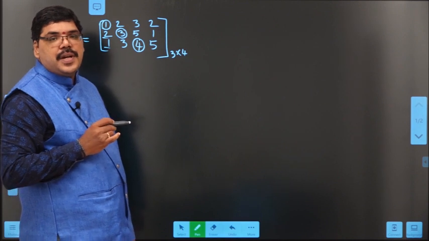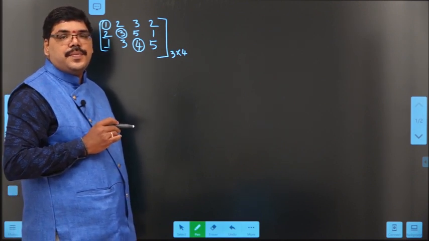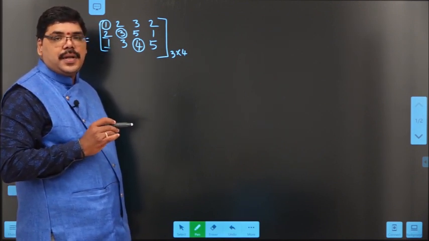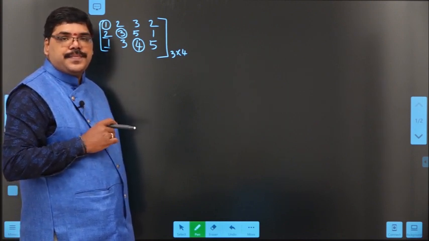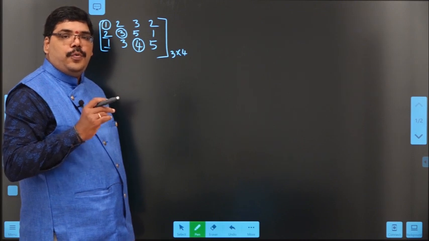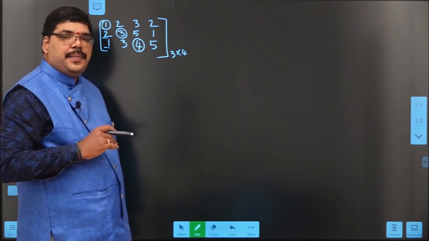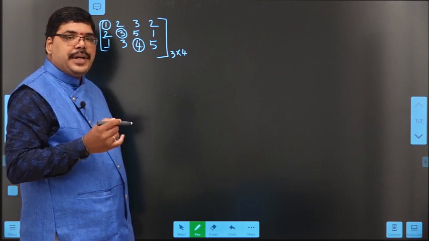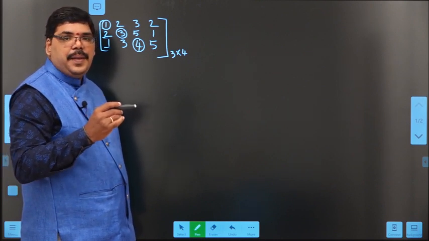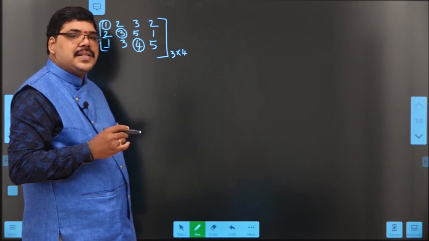The elements in these positions are said to be diagonal elements. Now, we use these diagonal elements and we try to reduce the elements below the diagonal elements into zeros.